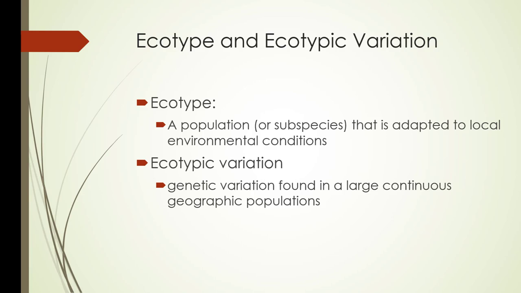So ecotypes are populations or subspecies that are adapted to local environmental conditions. Ecotypic variation, this is genetic variation found in a large continuous geographic population.